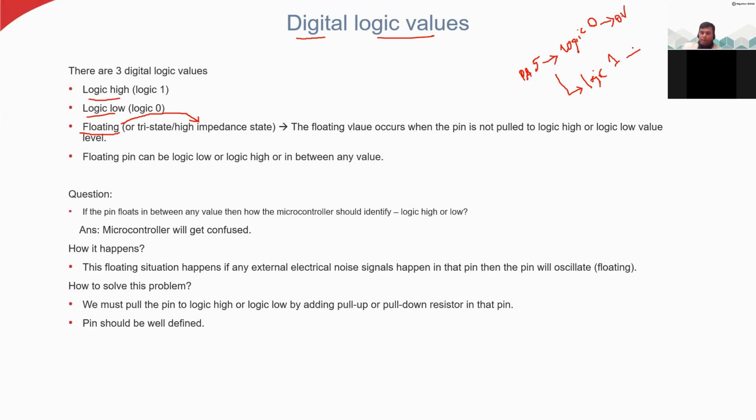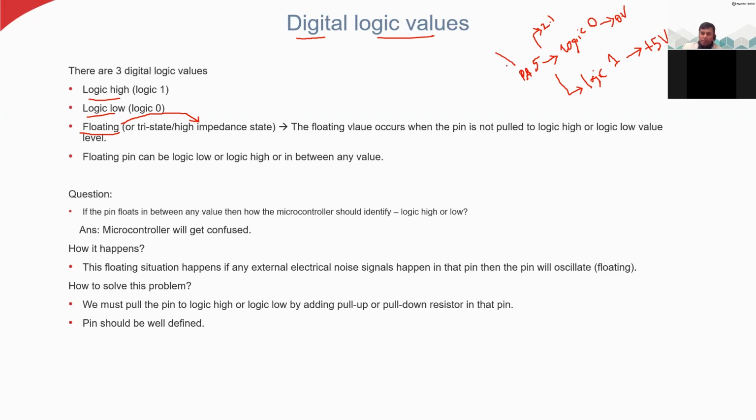And logic 1 indicates plus 5 volt, if we set up 5 volt tolerant. But sometimes this pin is somewhere in between, maybe 2.1 volt or 2.2 volt or some other value in between. So it's not coming near to 0 or near to 5 volt.